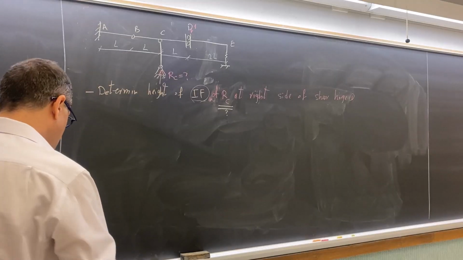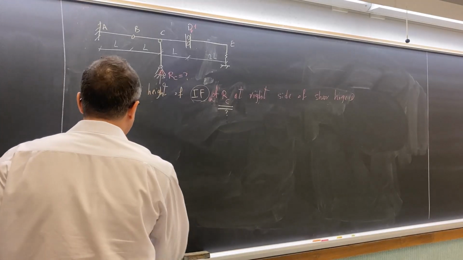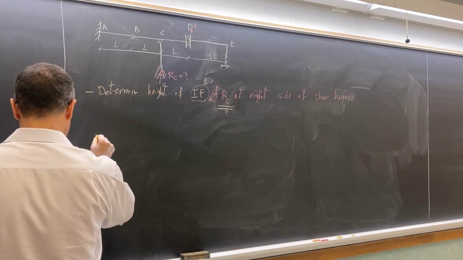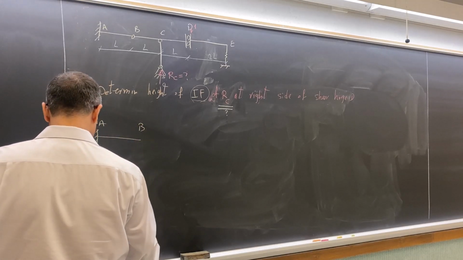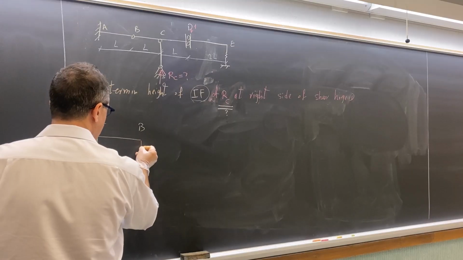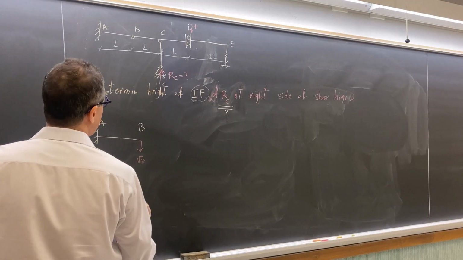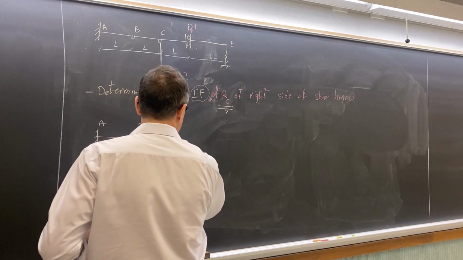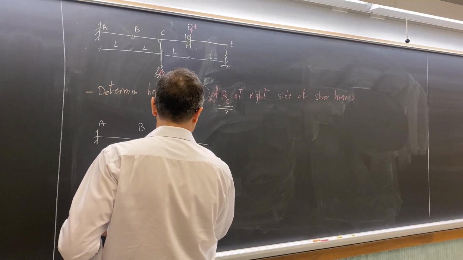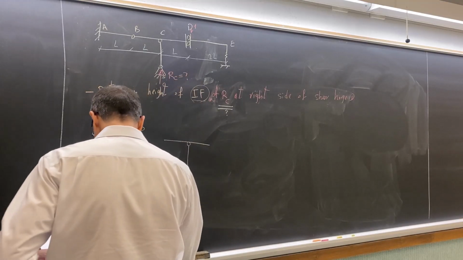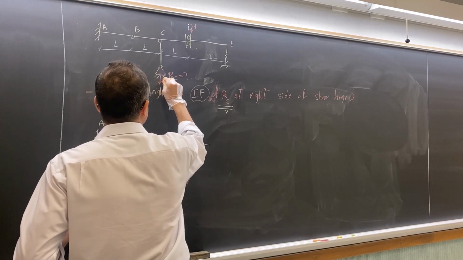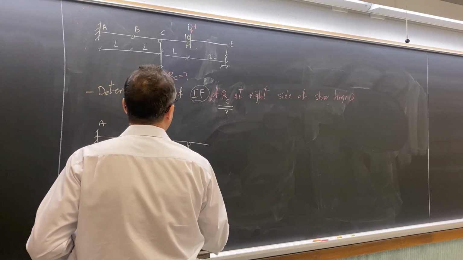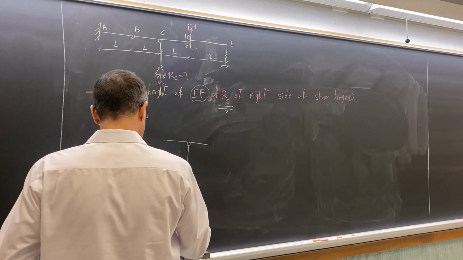Okay, I'm going to draw the free body diagram for different segments. Segment AB, I have just a shear force at point B, and for the reaction RC, I want to consider it downward, but it is up to you because later you will find it.